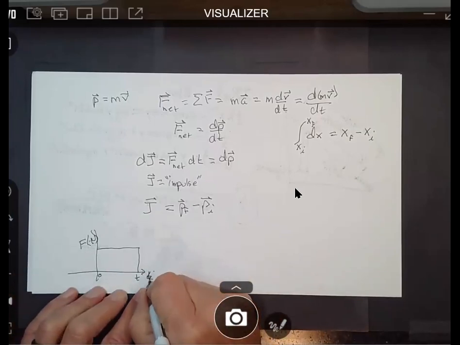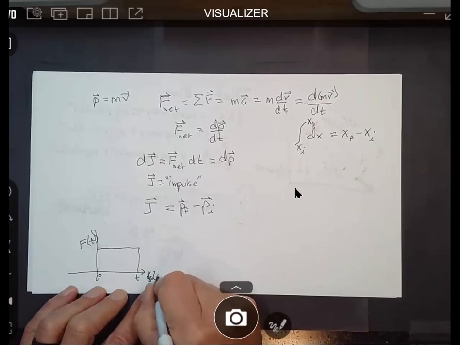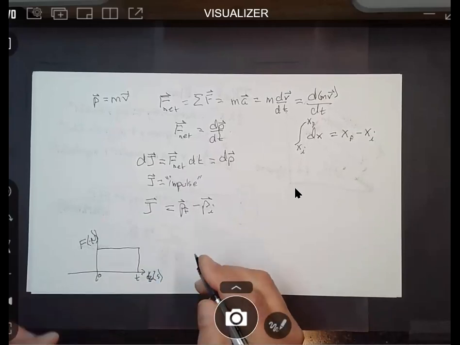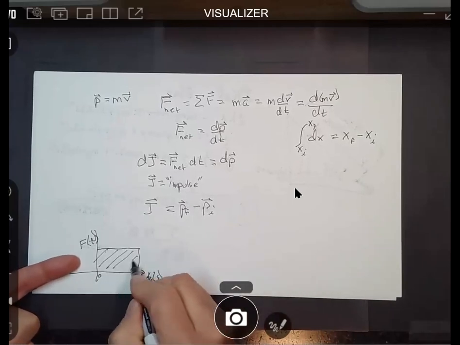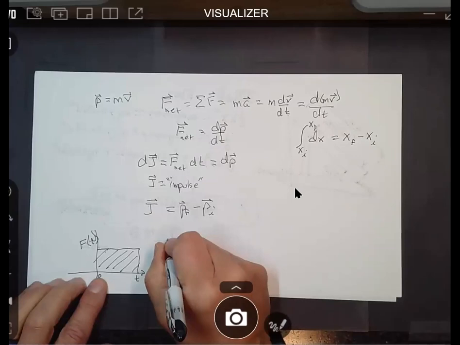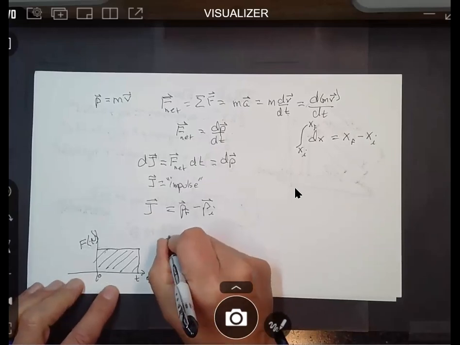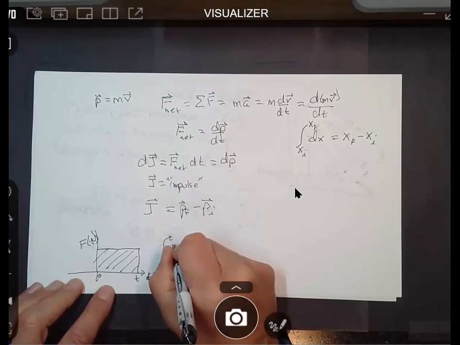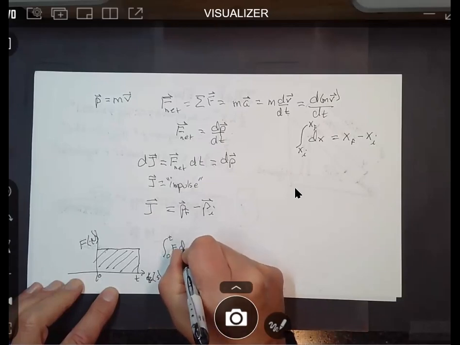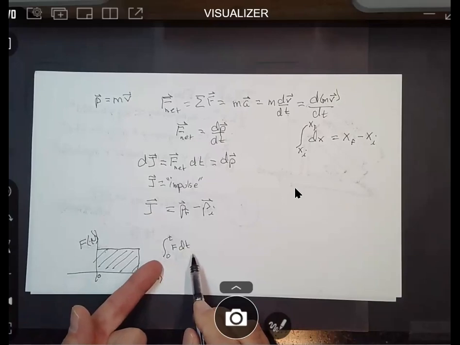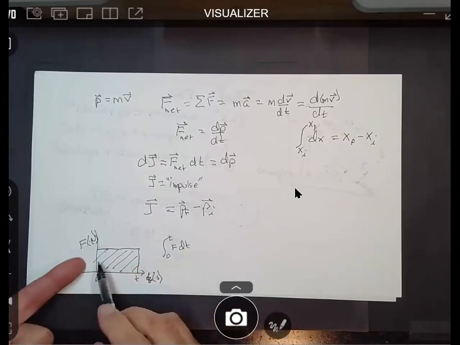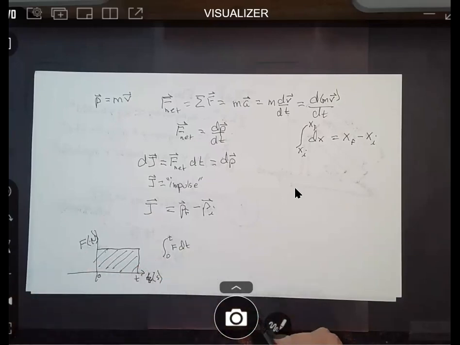t is going to be measured in seconds. If we did that operation from 0 to t of the force times dt, what that weird conglomeration of symbols means is just the area under this curve.